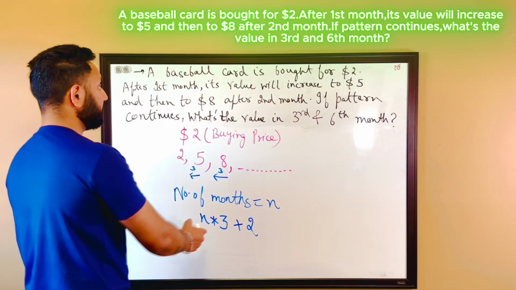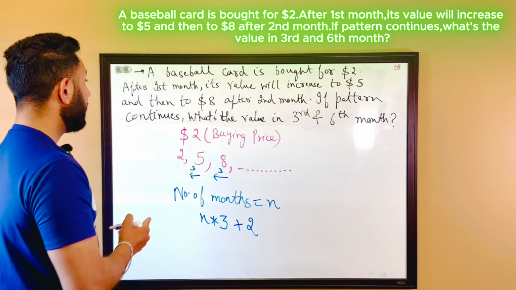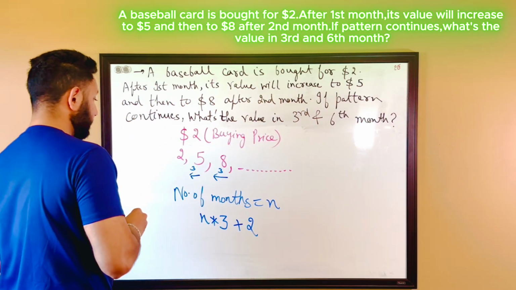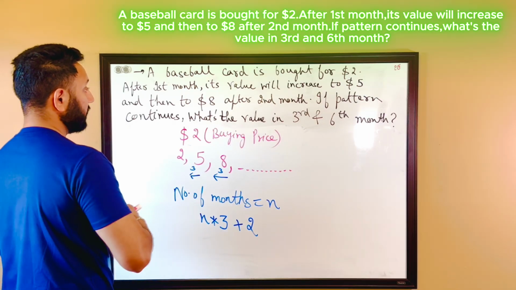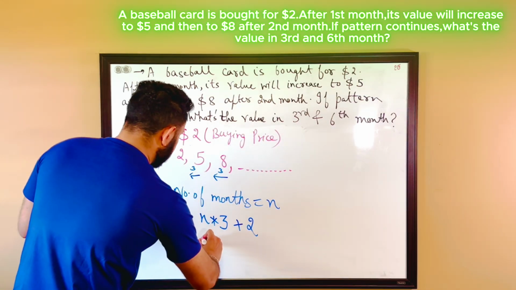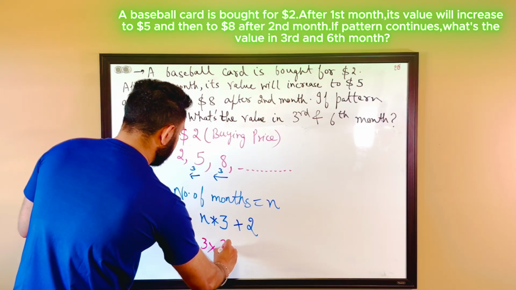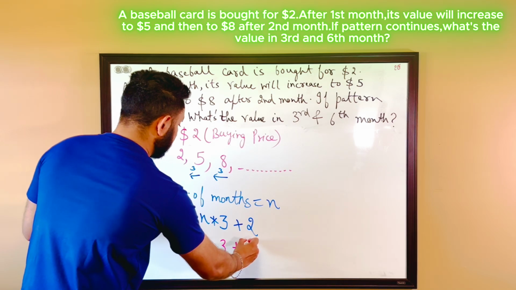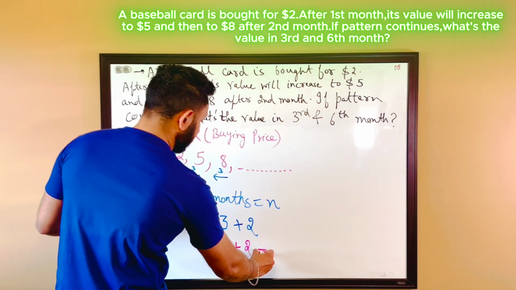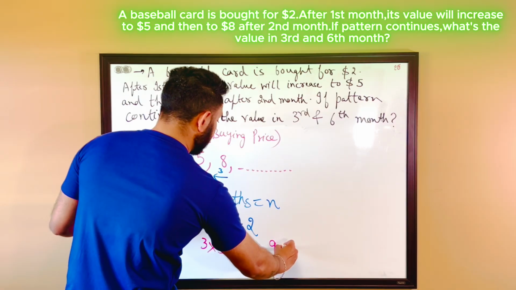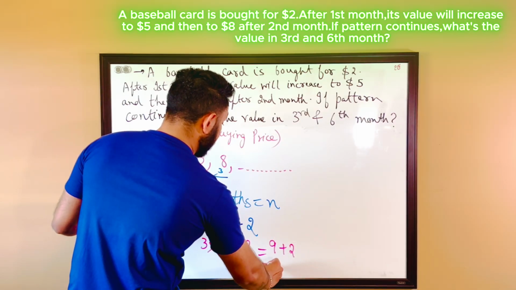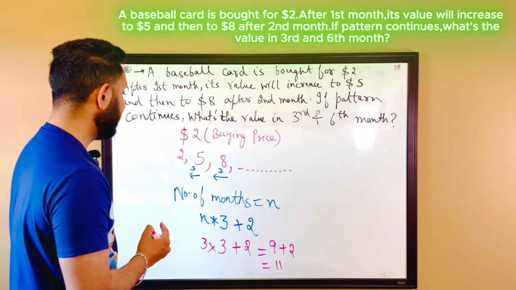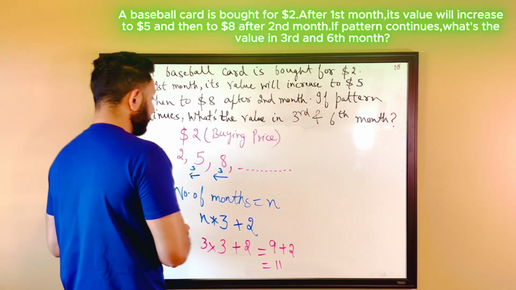We need the value in the third and sixth month. That means we put 3 here, because we need the value after the third month. So it comes out to be 3 into 3, 9, plus 2, so 11. That means after the third month the value will be $11.